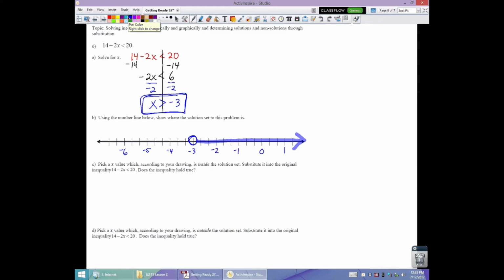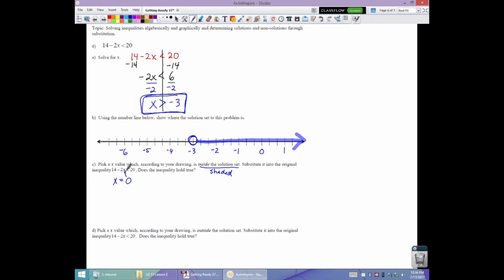So, part C says pick an x value which, according to your drawing, is inside the solution set. Well, inside the solution set means shaded. So the easiest thing to choose would be 0, right? So I'm going to choose x equals 0. What I'm to show then is when I substitute 0 into this original problem, does it work?